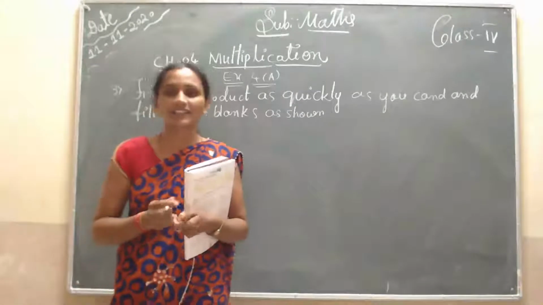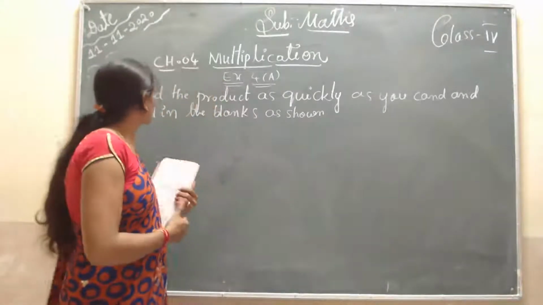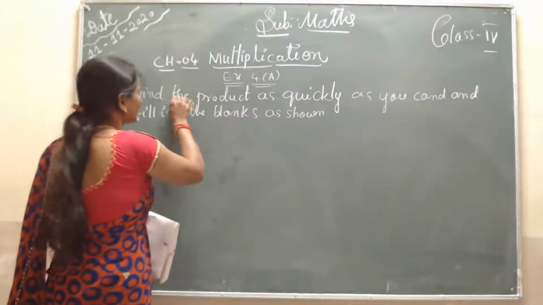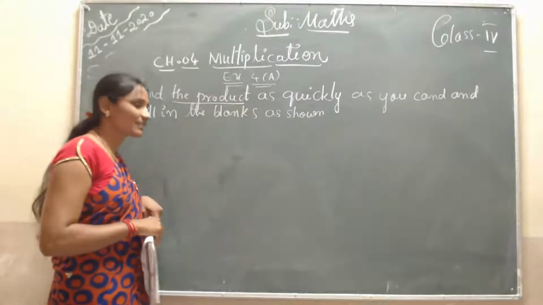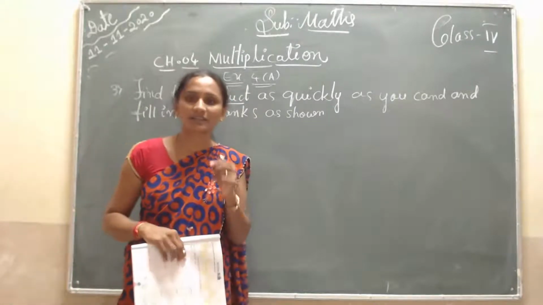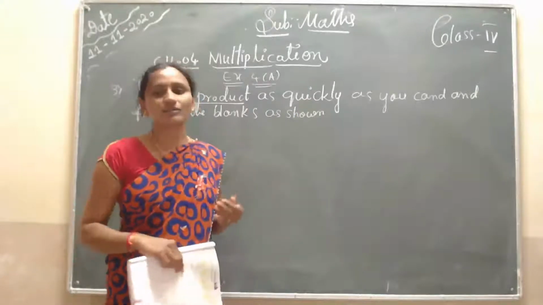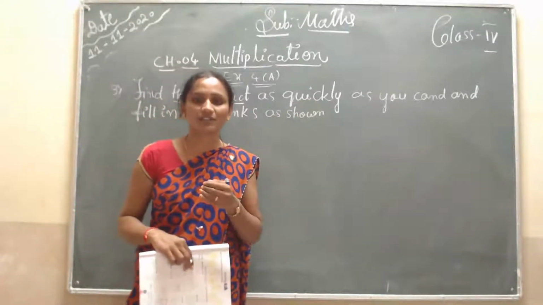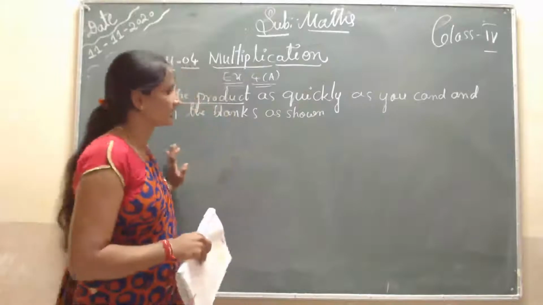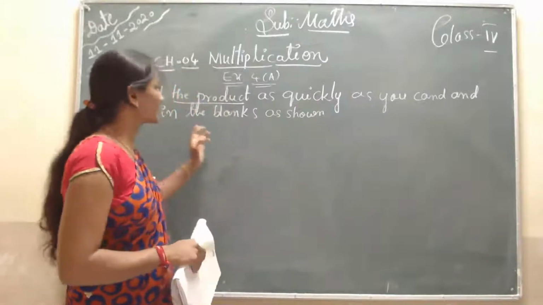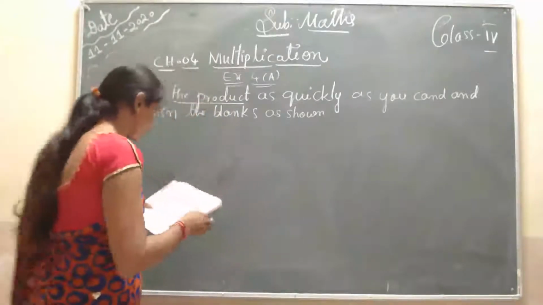Find the product. Product means we have to do the multiplication. So quickly, as shown, first you read the question, first you think, and write the answers very quickly. Fill in the blanks as shown. Okay, so first question.